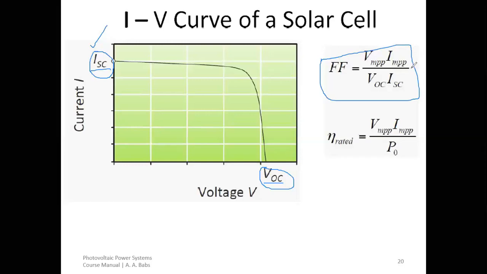And it is the point on the power curve that has the highest value of the product of its corresponding voltage and current, or the highest power output, all right? FF represents fill factor, and it is the ratio of maximum obtainable power to the product of the open circuit voltage and short circuit current. And that is exactly what we do have here, all right?